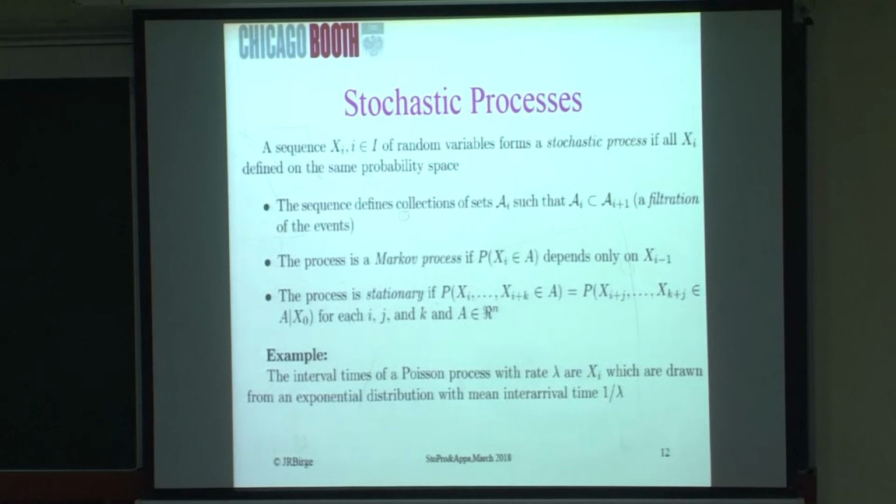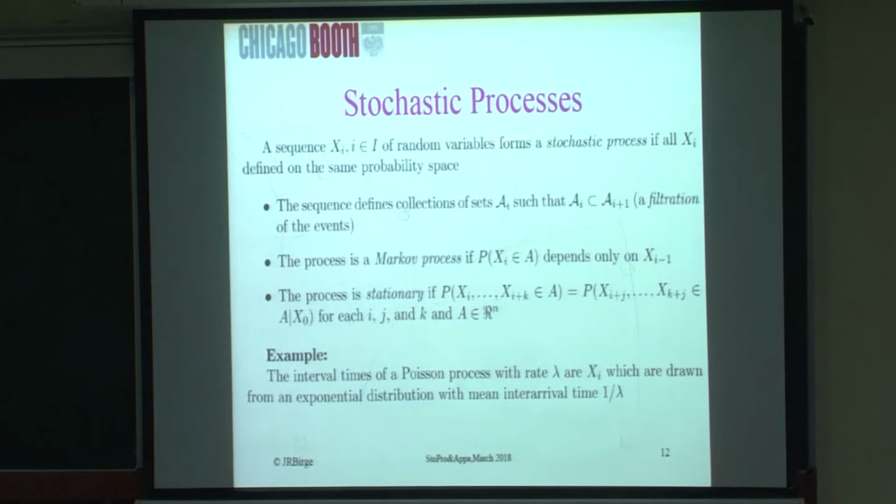And those are also related to these stochastic processes. So stochastic processes are representations of sequences. Now usually, to be a stochastic process, all it has to be is a sequence of random variables. It's a sequence that's indexed by something. Usually it's time.